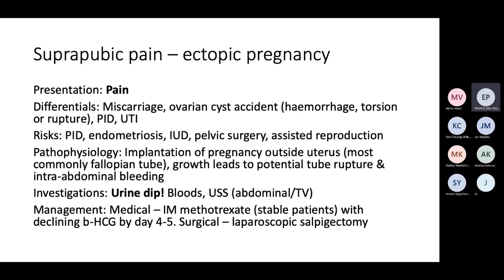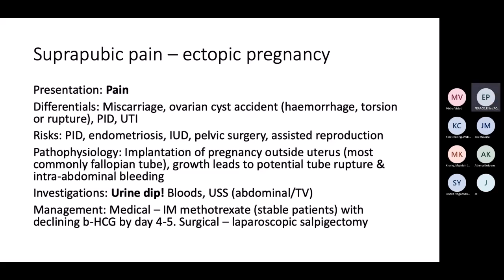The main symptom is pain, and differentials for suprapubic pain in women include miscarriage, ovarian cyst accident, including hemorrhage, torsion or rupture, pelvic inflammatory disease or UTI.